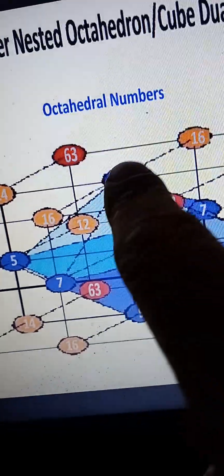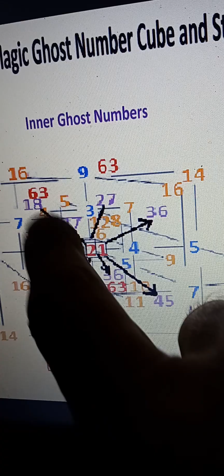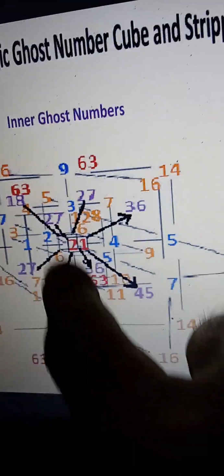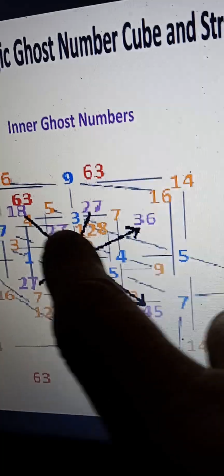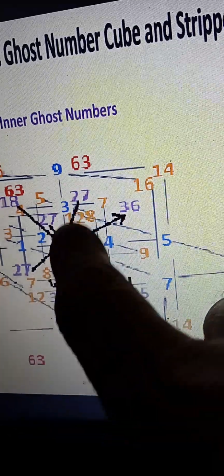But with this, you don't use diagonals. And with the special diagonals, you can even make it a circuitous box. But you're still using the inner ghost numbers.